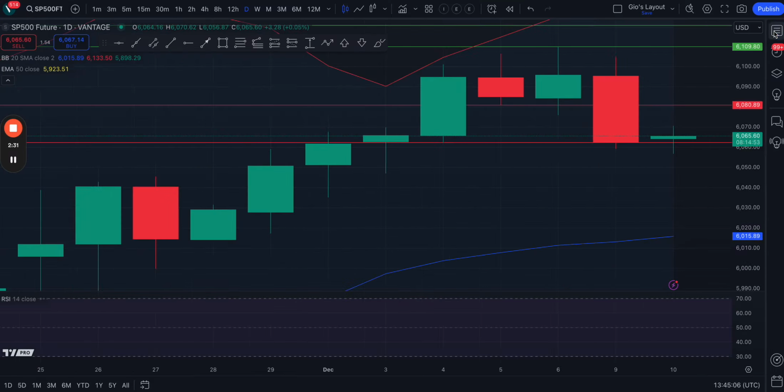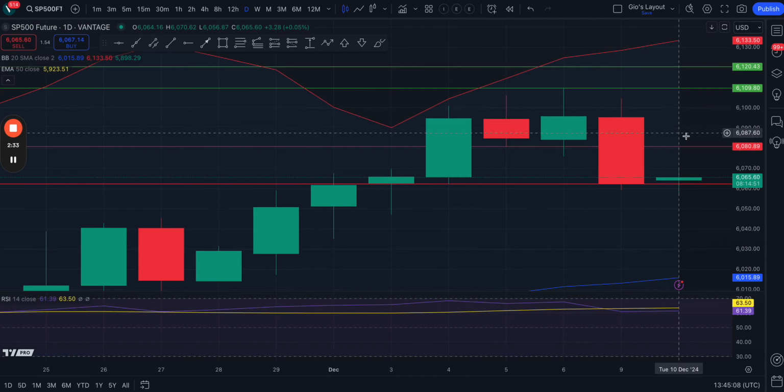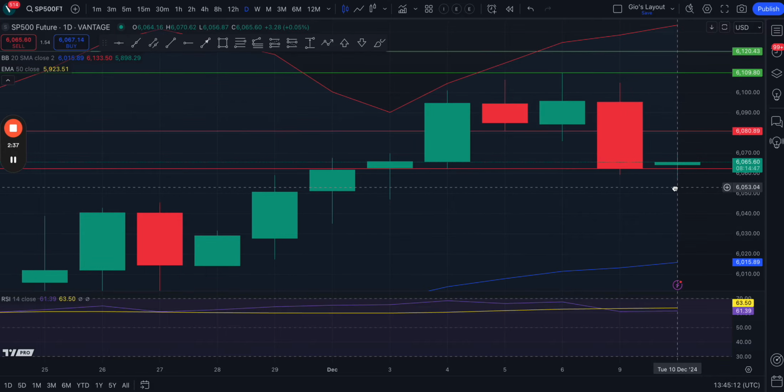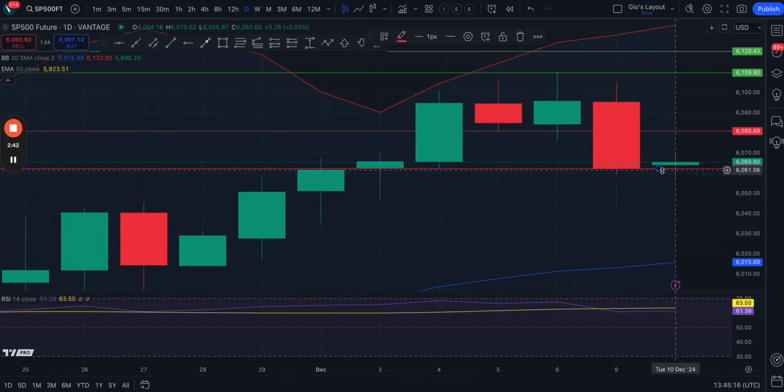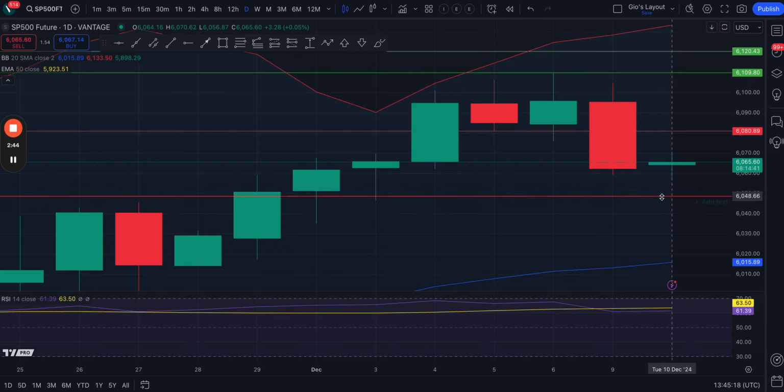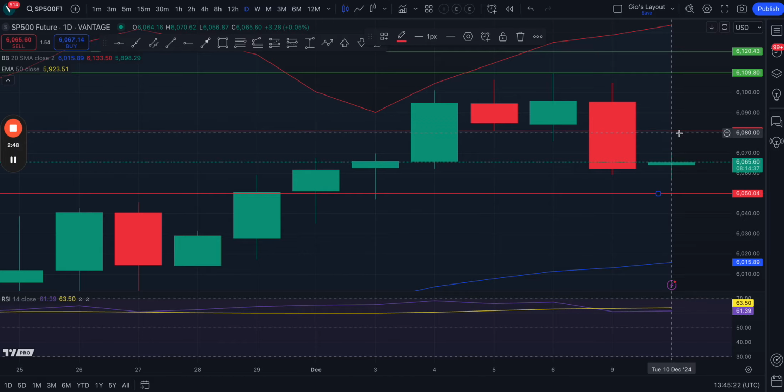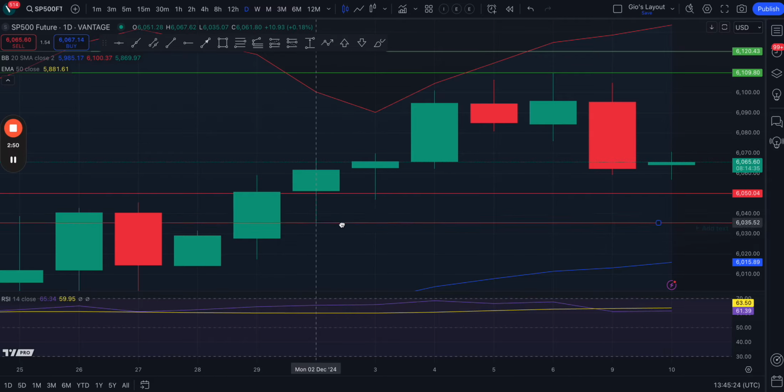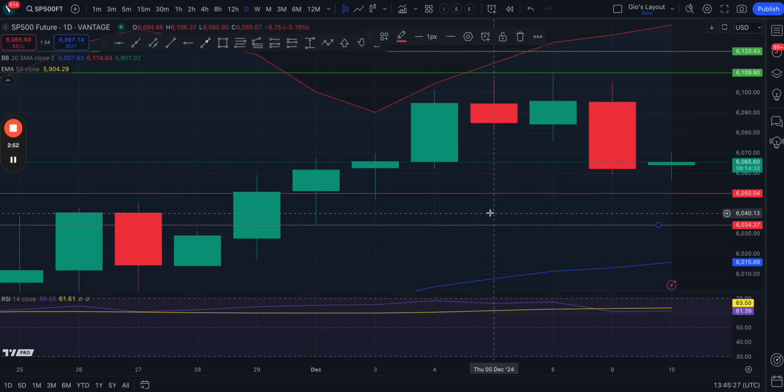So let's take a look at the S&P 500. Here I don't have a pivot point, but we're just going to look at new levels of support. The first one, I'm just going to use 60.50, and the second one, this low wick here.